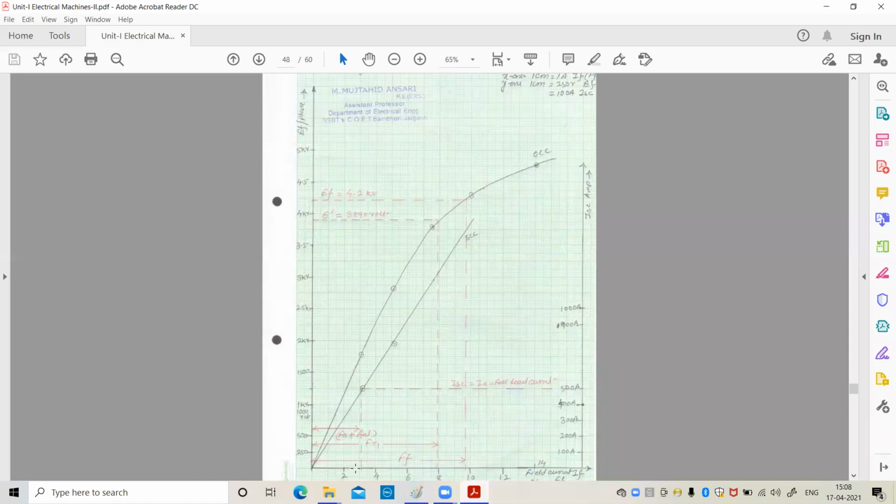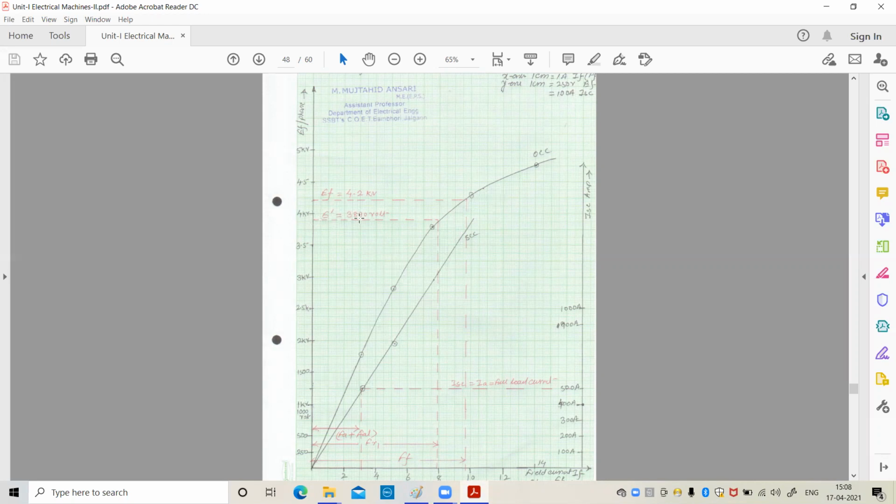On the x-axis, it's 2 ampere, 4 ampere, 6 ampere, and so on. So this is the field current, open circuit characteristic, short circuit characteristic. So E dash is equal to 3890. See here, this is the 3890.